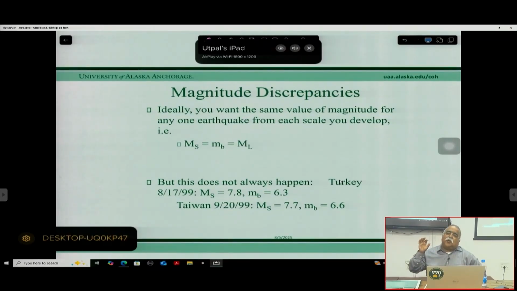Now, let's say one earthquake happens, and you have recorded MB from the body wave part, and for the surface wave, you compute the MS values. Ideally, we should expect these values to be the same, because this is one earthquake, and if I have to report it, how should I report?